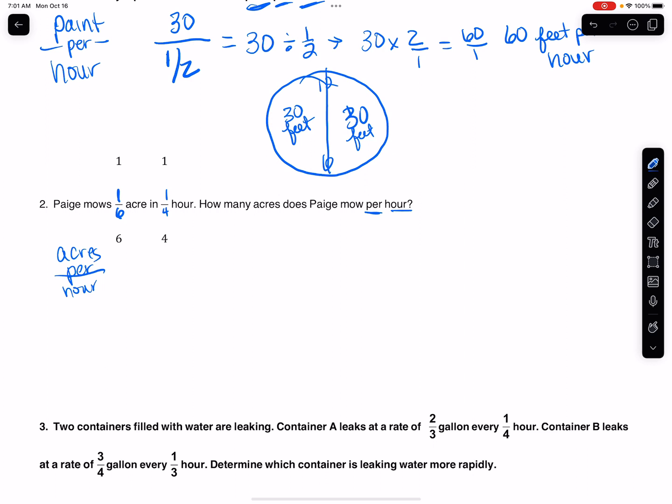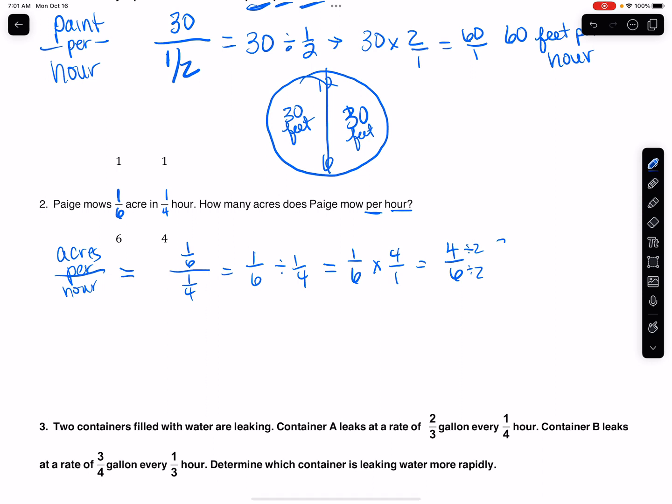Acres. Okay, so that also means 1/6 acre per 1/4 hour, which means 1/6 divided by 1/4, which means that we are multiplying by the reciprocal, and we end up with 4/6. Now, 4/6 can be simplified. They both have a 2.